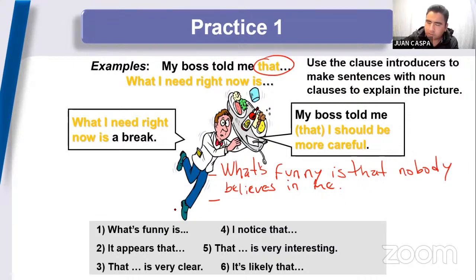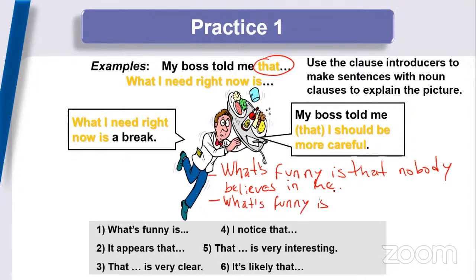How about the other students? Maybe it can be what's funny is he'll be fired. He will be fired.